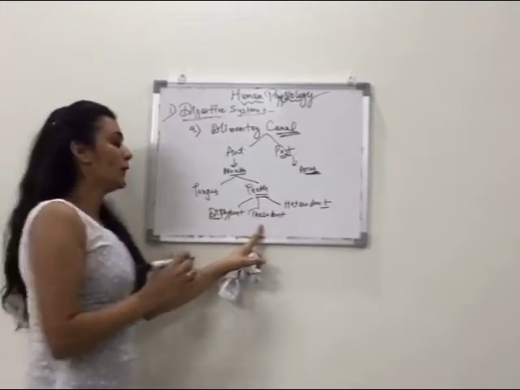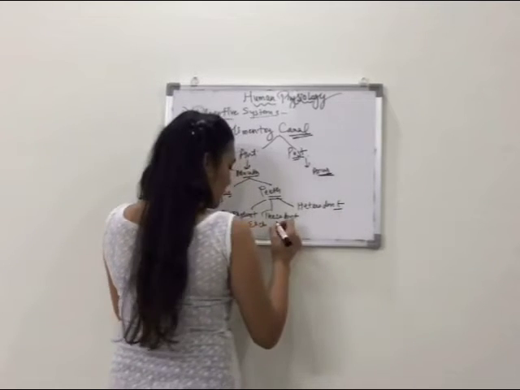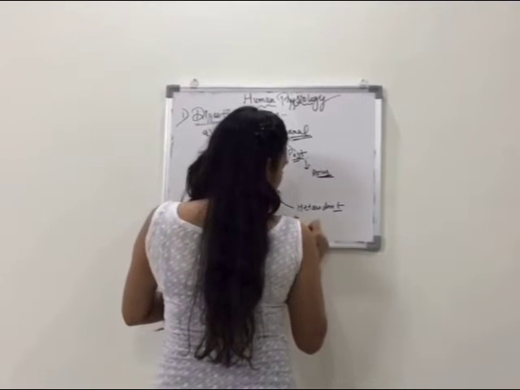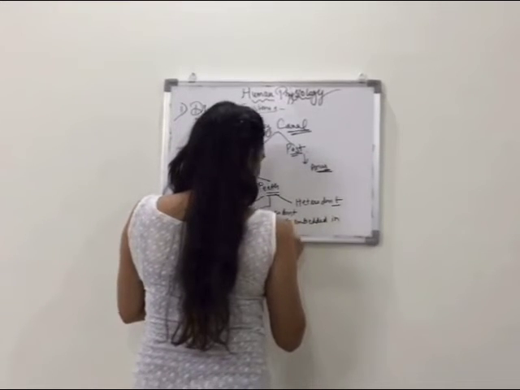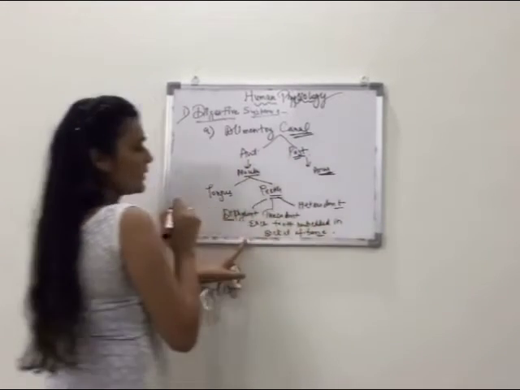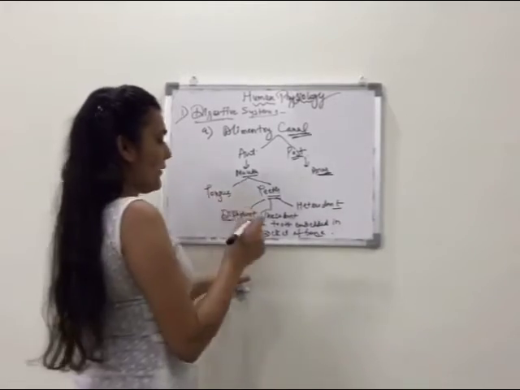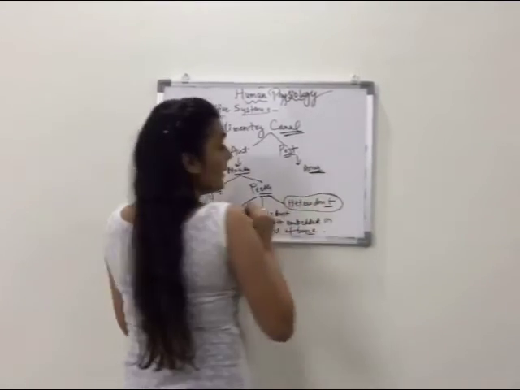In thecodont, each tooth is embedded in a socket in the bone. That means each tooth has its own place in the bone, a socket in which it is placed. The third term is heterodont.